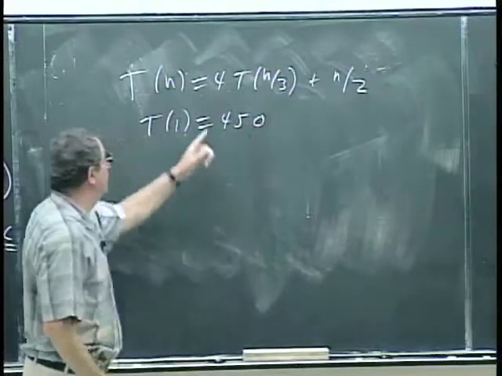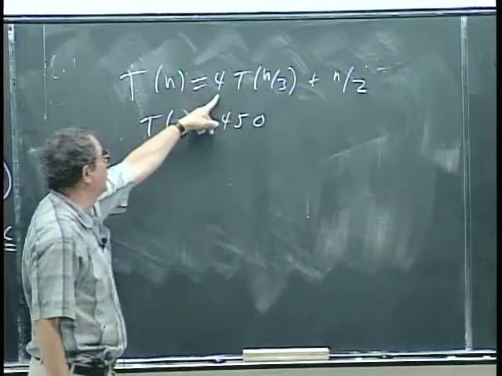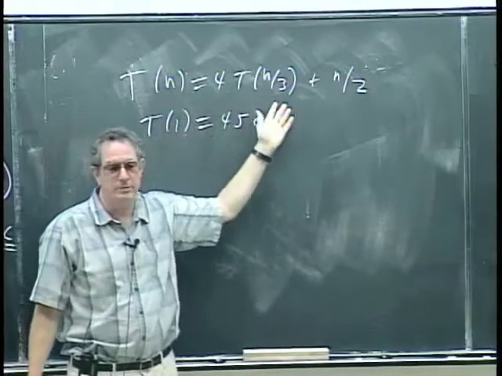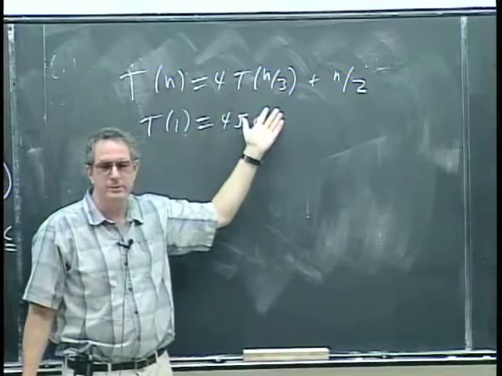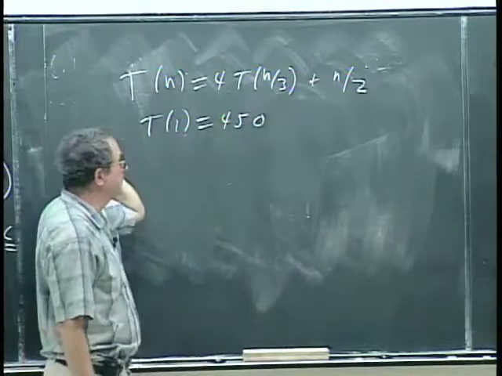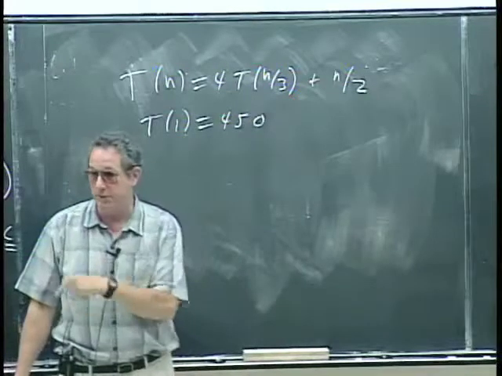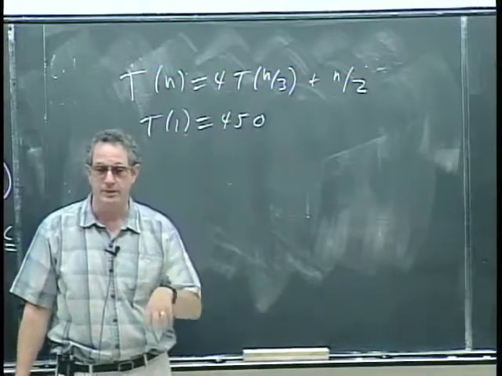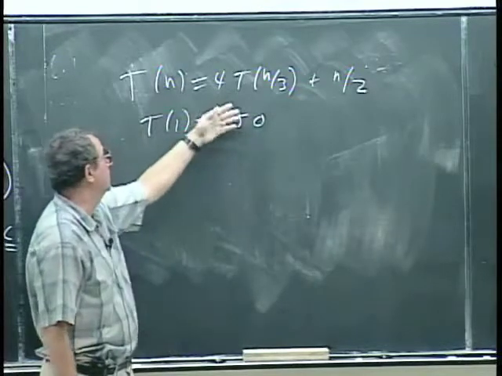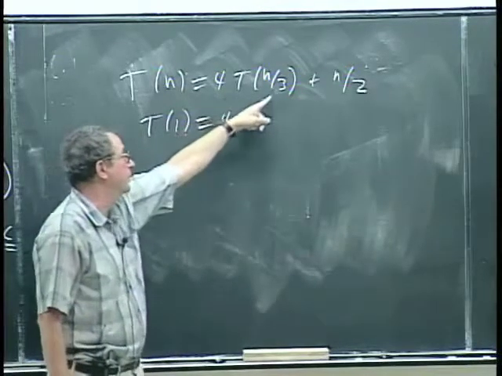Okay, so T of n now is 4 times T of n over 3 plus n over 2. I don't know an algorithm that mirrors this. This is just an exercise in solving a recurrence relation. And we want to use the approach that's there of unwrapping and trying to see the pattern. So what you can do is take a number, and it should be a power of 3.